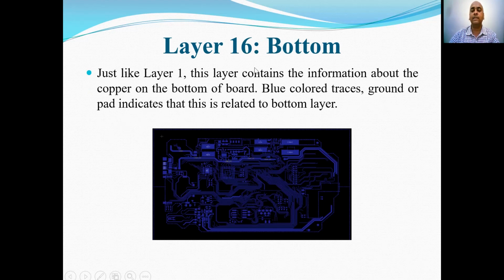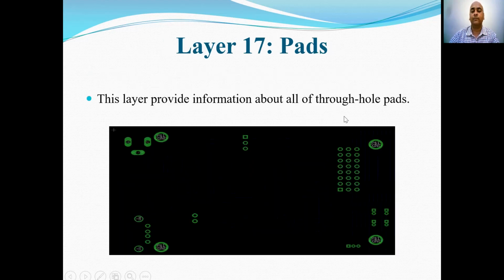Layer 16 is the bottom layer. Just like layer 1, this layer contains the information about the copper on the bottom of the board. Blue colored traces, ground or pads indicate that this is related to the bottom layer.